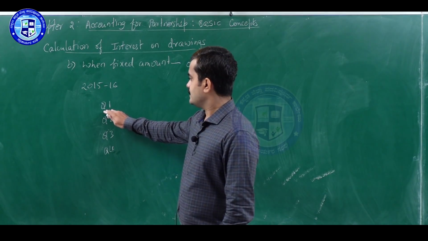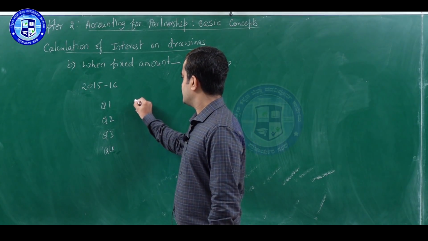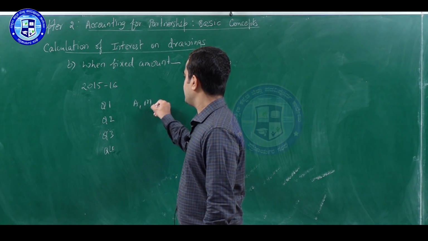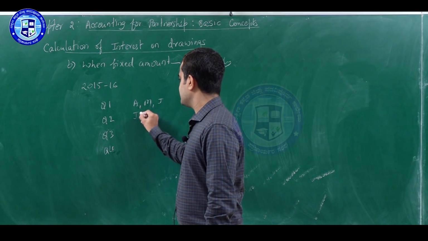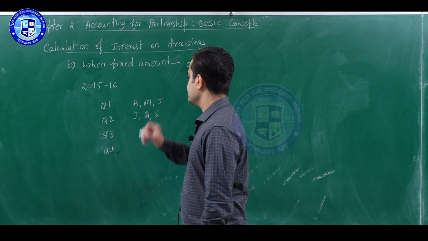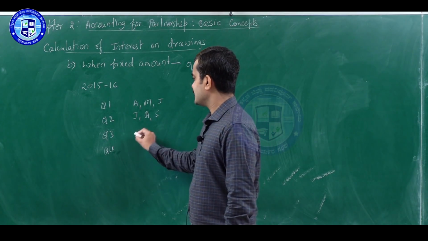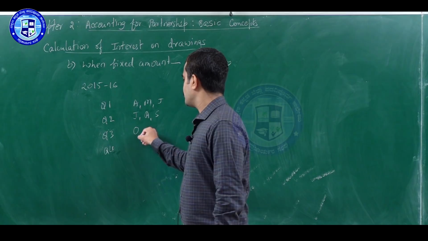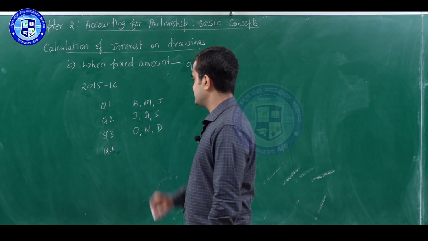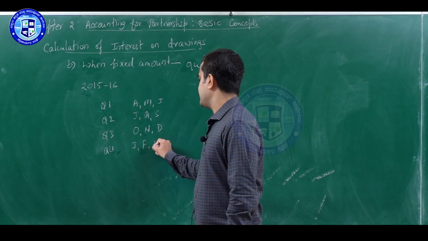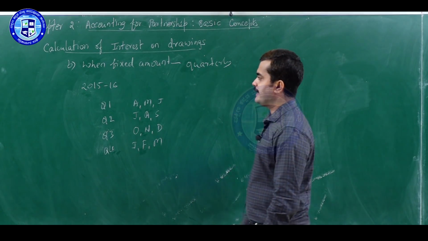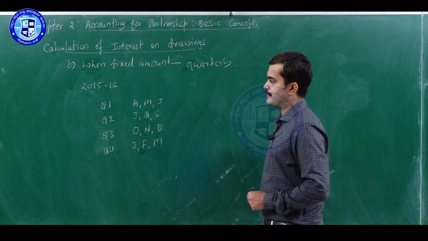So, quarter 1 consists of 3 months, April, May and June. Q2 consists of 3 months, July, August and September. Q3 consists of October, November, December, and Q4 January, February and March. So, in an accounting period there are 4 quarters.